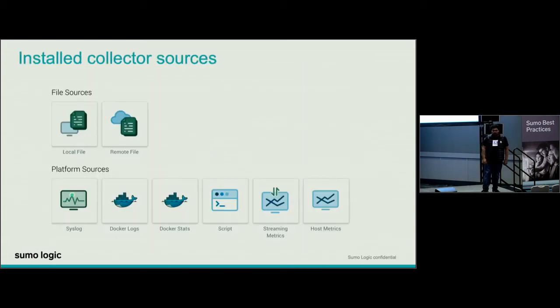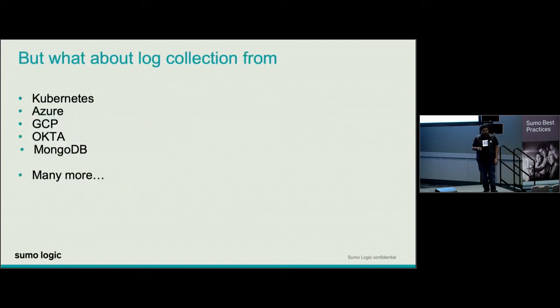Now Tim visits the collection management page where he looks at the install collector sources. He finds there are some sources to collect logs and some sources to collect metrics. He is also impressed that Sumo provides the capability to collect logs and metrics from Docker systems. But he is confused about how he is going to collect logs from a Kubernetes environment, how he is going to collect logs from Azure and GCP, and forget about Okta.